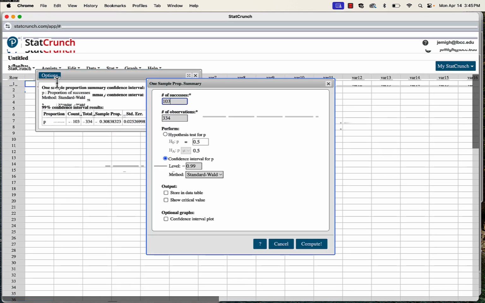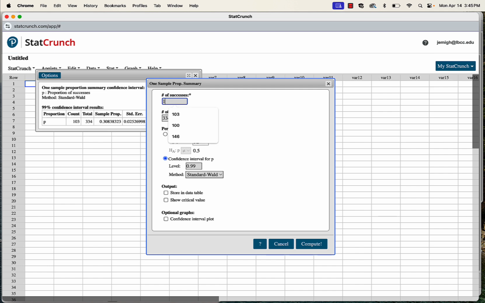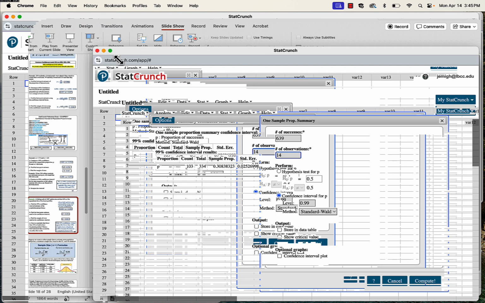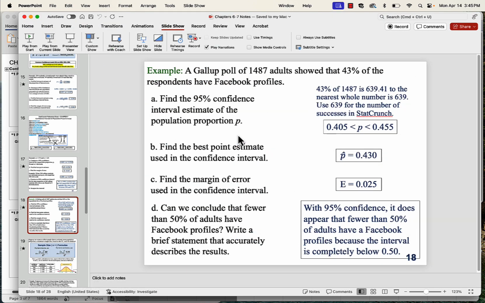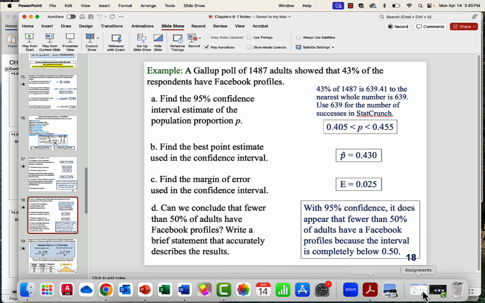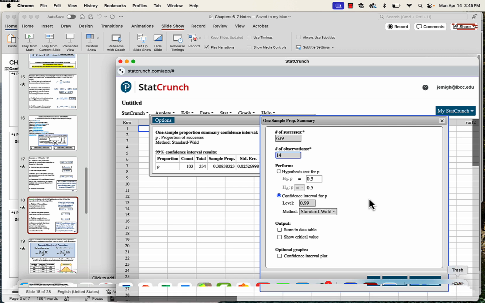Just gonna edit this. X was, oh my goodness, 639, I think. And then it was out of 14. I should really be jotting these down or working with something with more screens. 1487, sorry.